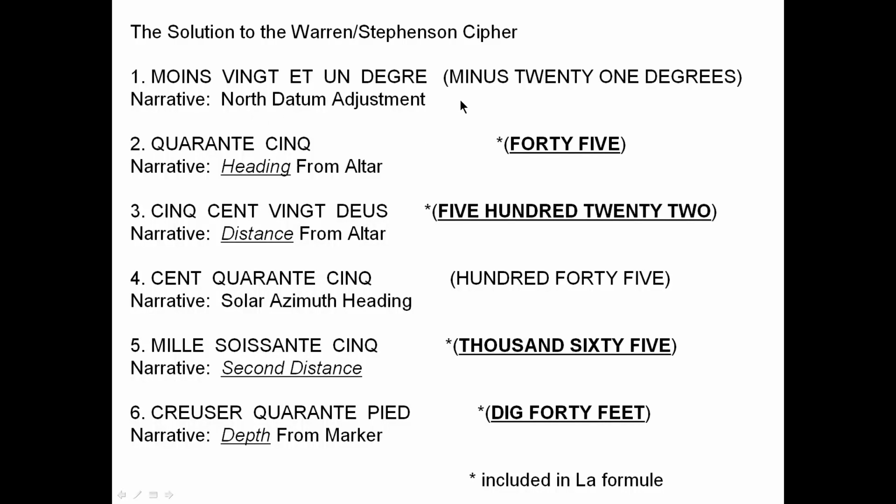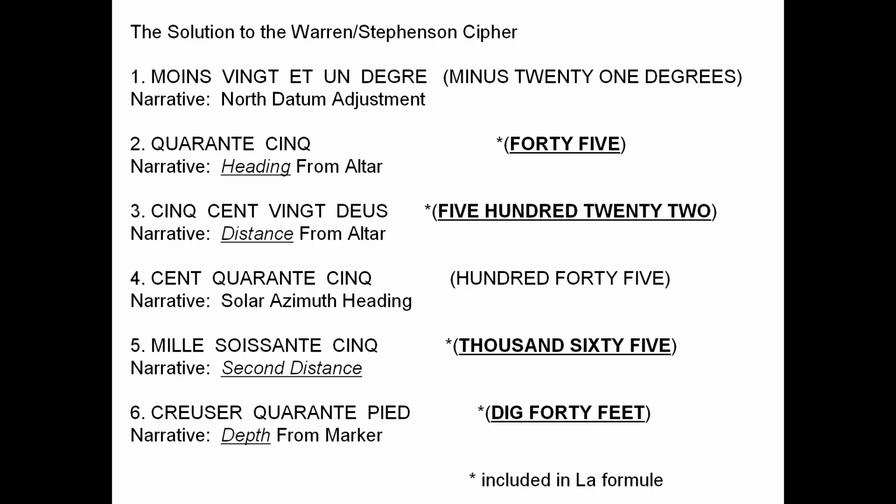In other words, this would be basically what we call the magnetic declination to true north. When you have true north, a compass will always point to the magnetic North Pole, which changes over time. And here they're saying it's a minus 21 degrees, which would fit Oak Island.